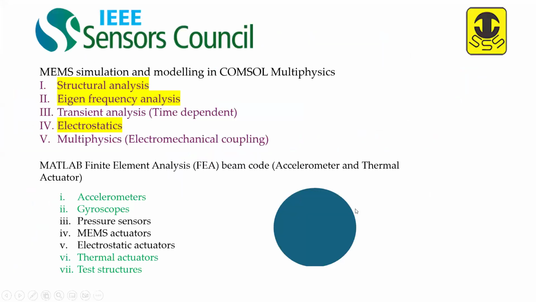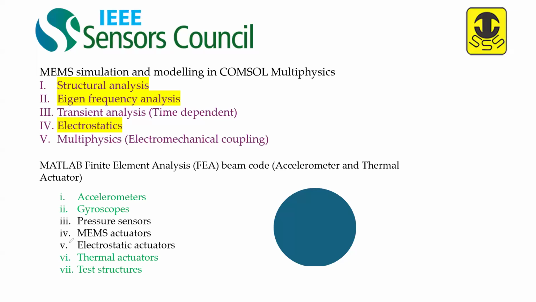In the last session, we had done some COMSOL simulation, as well as MATLAB. I also ran MATLAB code for electrothermal actuators. I had shown you structural analysis, eigenfrequency analysis, and one example on electrostatics.